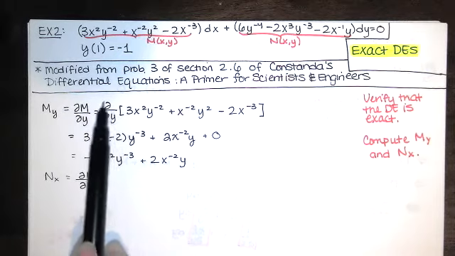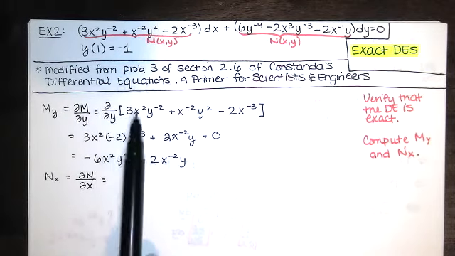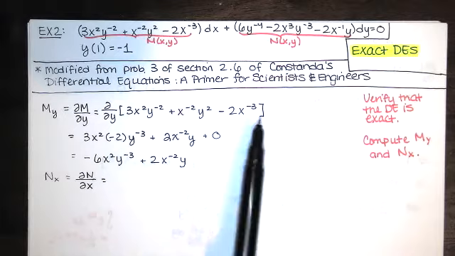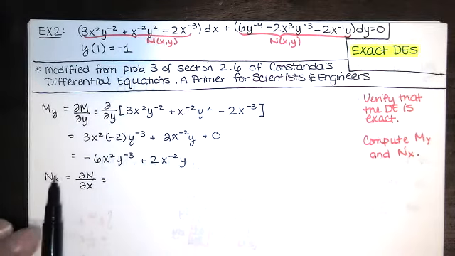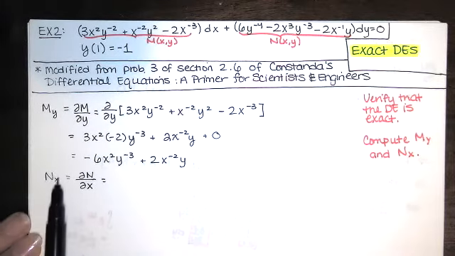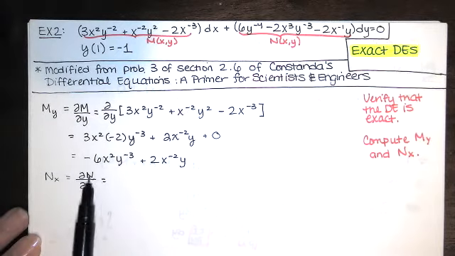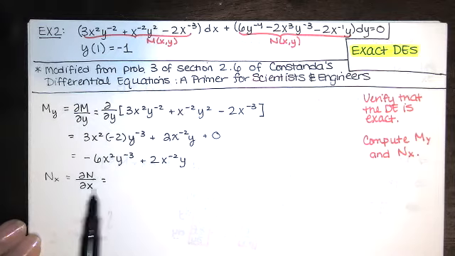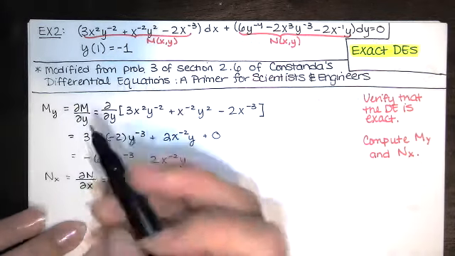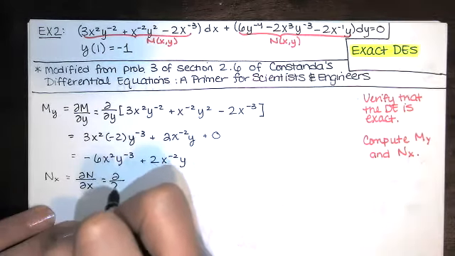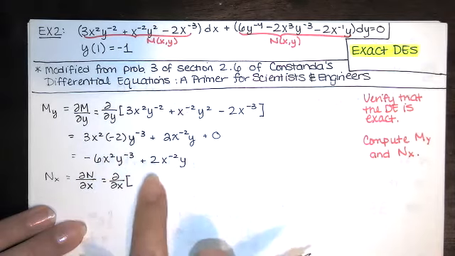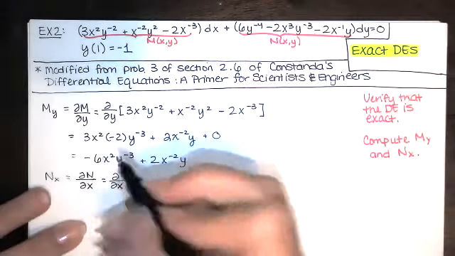This says, take the partial with respect to y of whatever's in the brackets in front of it. So be very careful about that. We're saying this is a function, and we're calling it the partial of N with respect to x, or we can notate it this way, the partial derivative of N with respect to x is equal to the partial derivative with respect to x of whatever N is. And I'm going to fill that in right here.